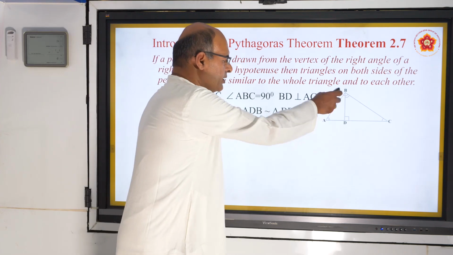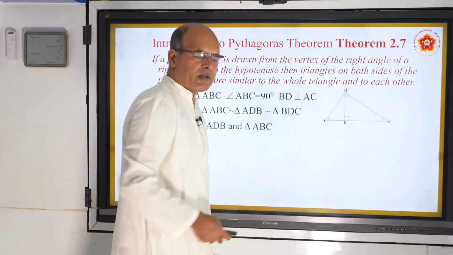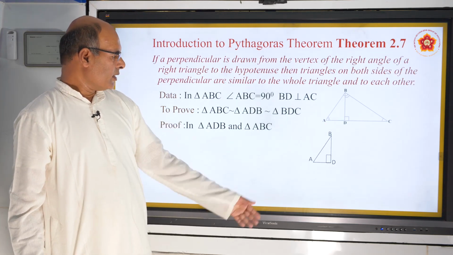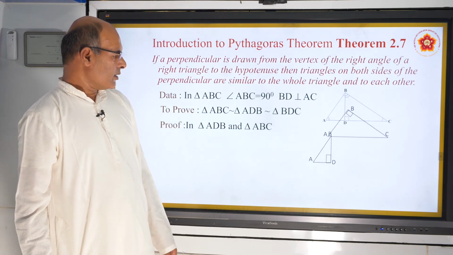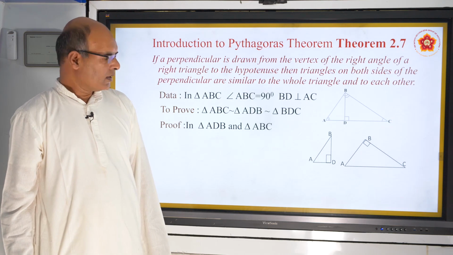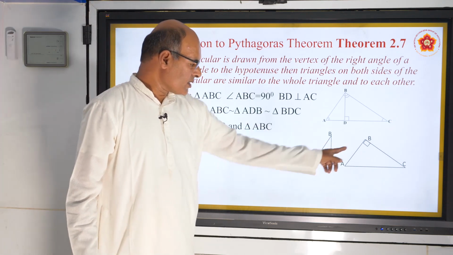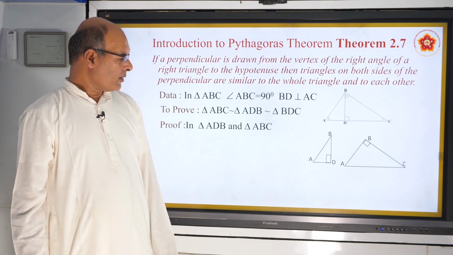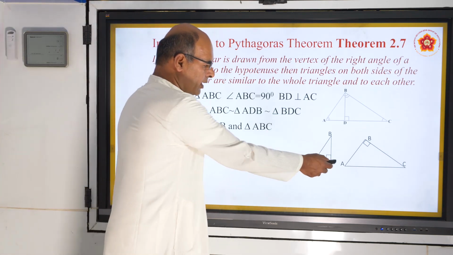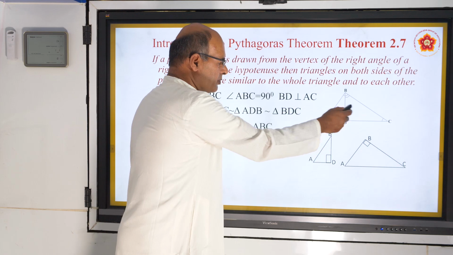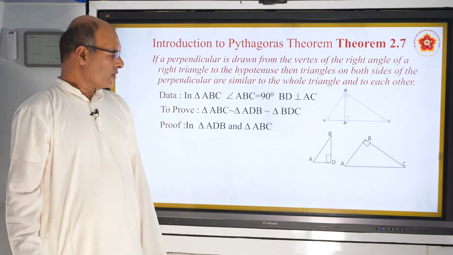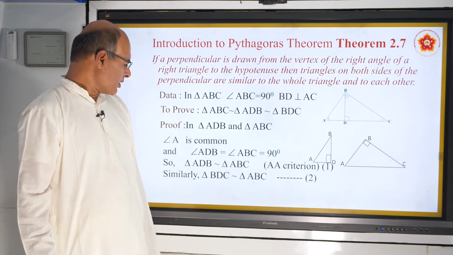I will write those triangles separately. Triangle ABD and triangle ABC. We have a pair of right angles. Then angle A is common for both the triangles. Therefore, those two triangles are similar.